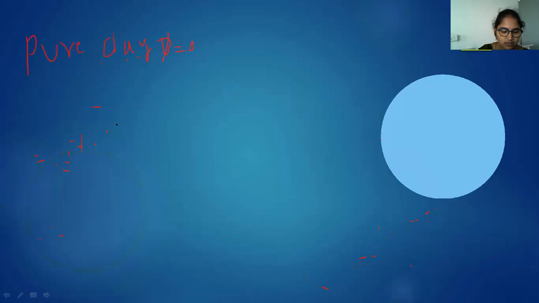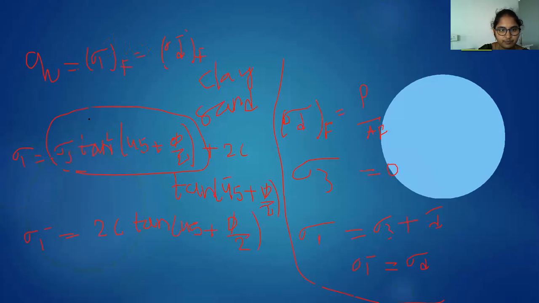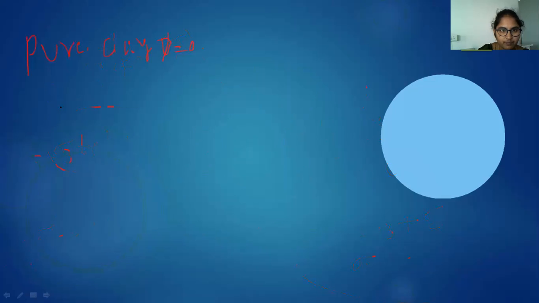Sigma 1 is equal to QU, so we substitute: QU is equal to 2c tan 45 degrees.